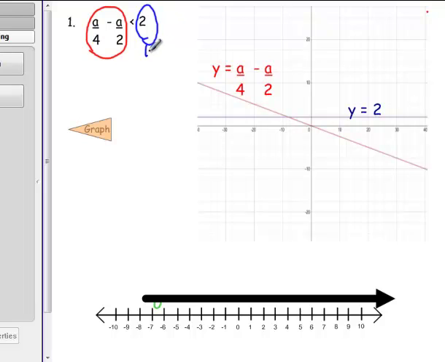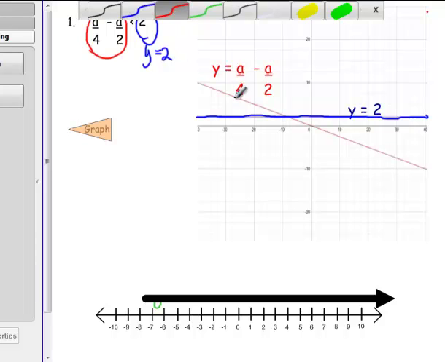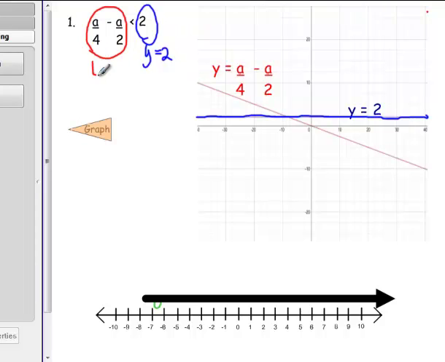So y equals 2 is this line right here. And then the red line, this side of the equation, y equals a over 4 minus a over 2, ended up looking like this line.